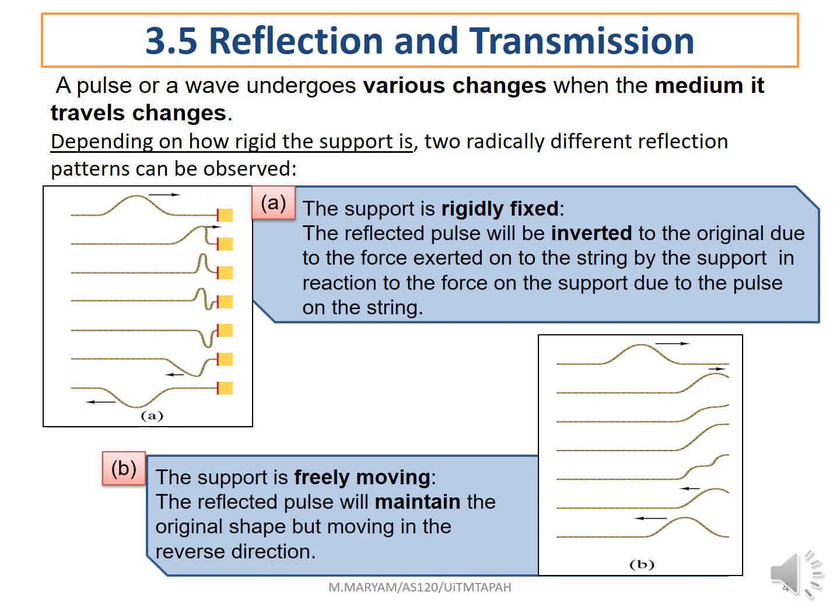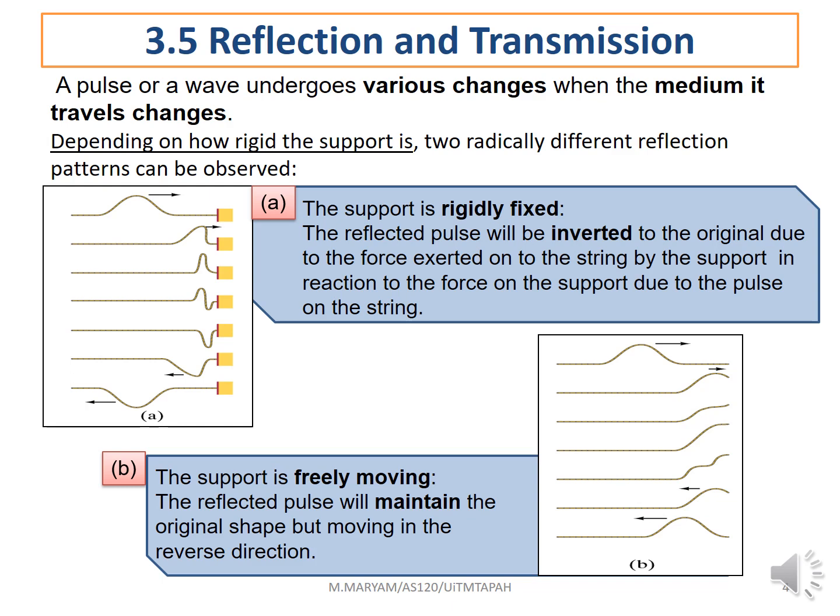Okay, inverted and reflected back to the origin due to the original force exerted. As you can see here, it reflects back. Okay, in part A. If, let's say, the support is freely moving, not rigid here, then the reflected pulse will maintain the original shape.